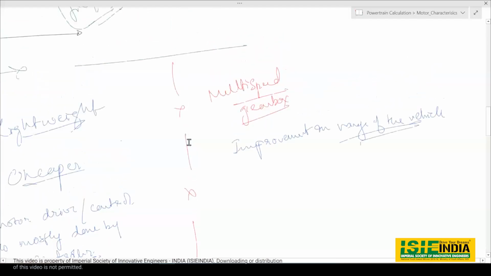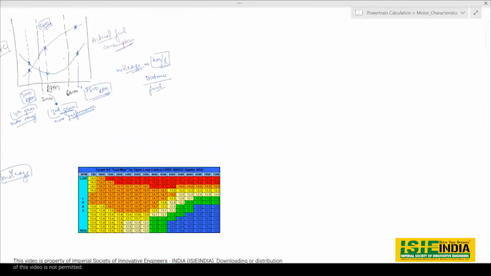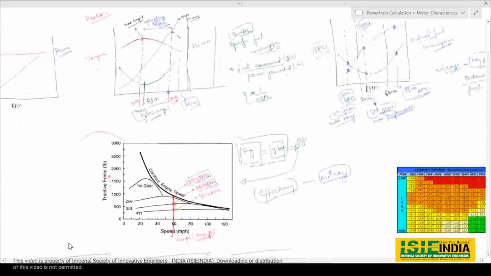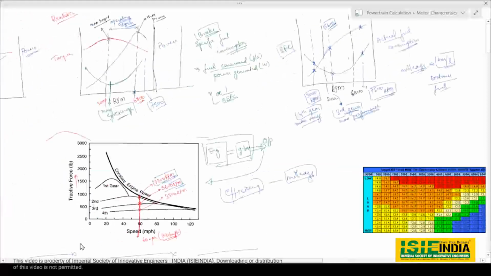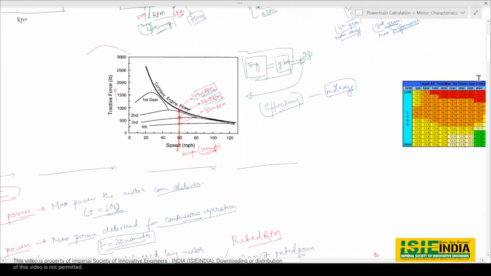For 100 kmph, second gear, third gear, and fourth gear, right? We saw about this example. Second, third, and fourth gear, right?